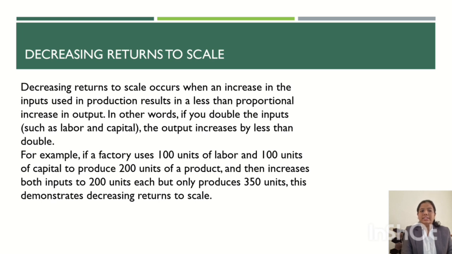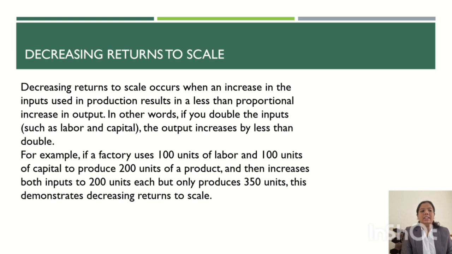In other words, if we double the inputs, the output increases by less than double. If we increase our labor and capital, then the output increases by less than double.